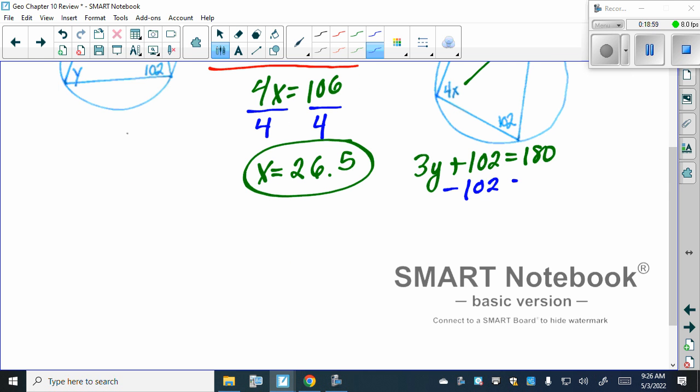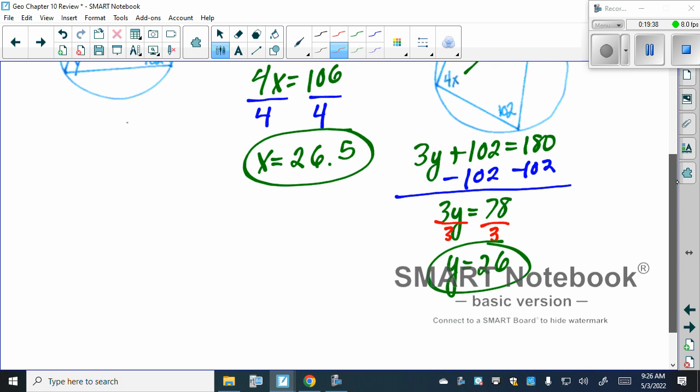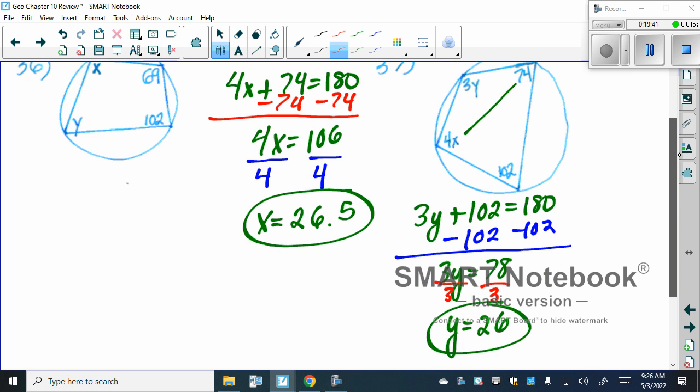So we can subtract 102 from both sides, telling us 3y equals 78, so y is 26. That's it, because the opposite angles in an inscribed quadrilateral add together to be 180. If it's 4 times 26.5 plus 74, that will give us 180.